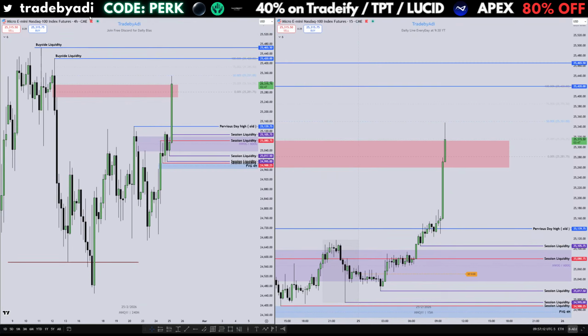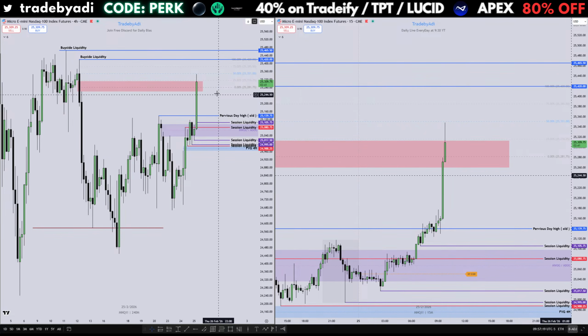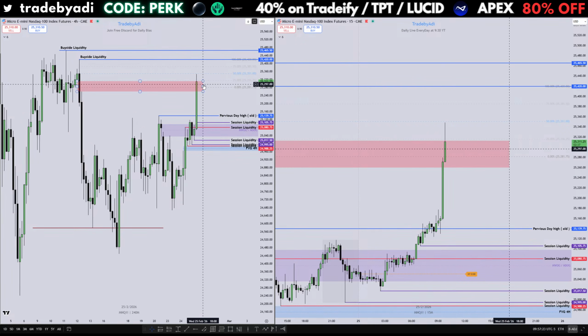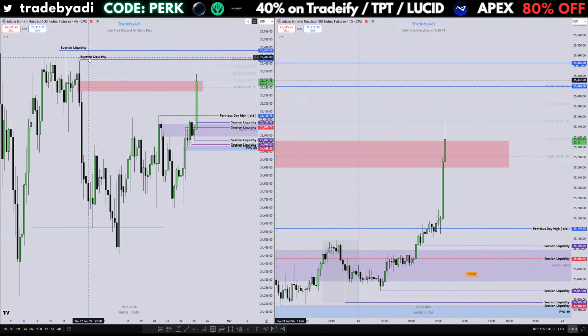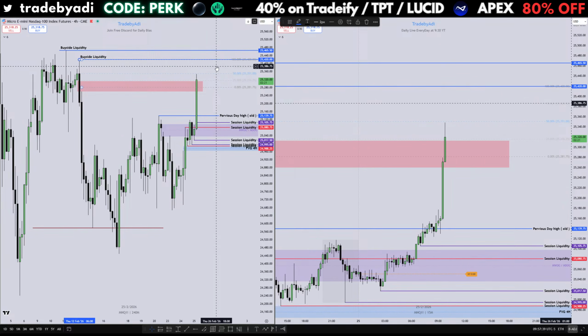Okay, so what I am thinking, I will repeat again. We are closing above this fair value gap also, and if we close this gap, then the nearest draw on liquidity will be this buy side liquidity, and 70% of the time, the NY session of the Thursday is going to cap the weekly range.